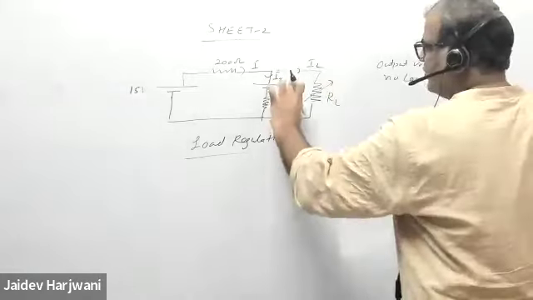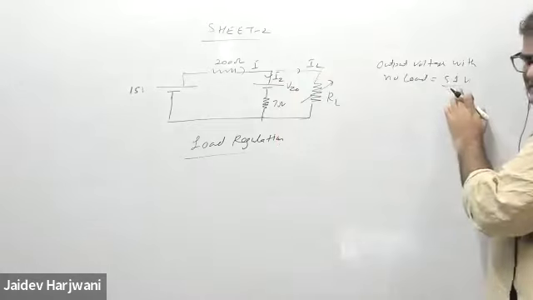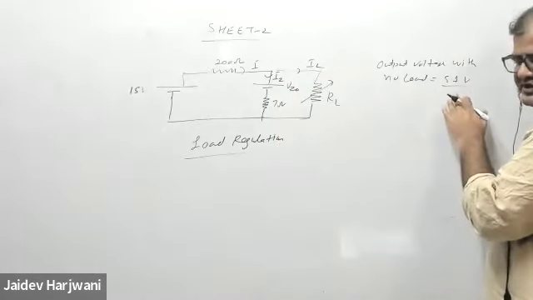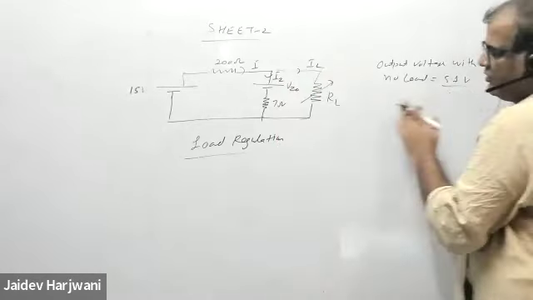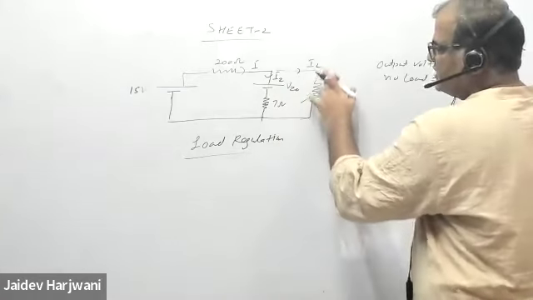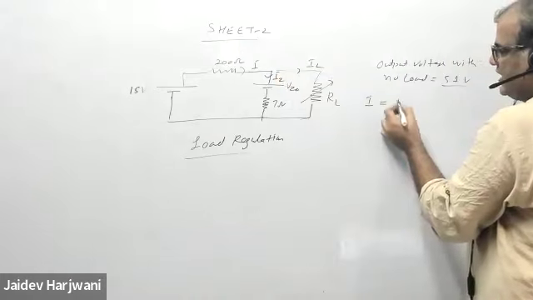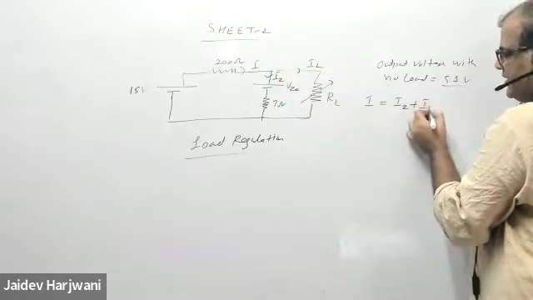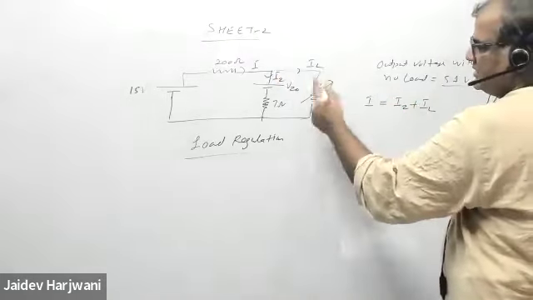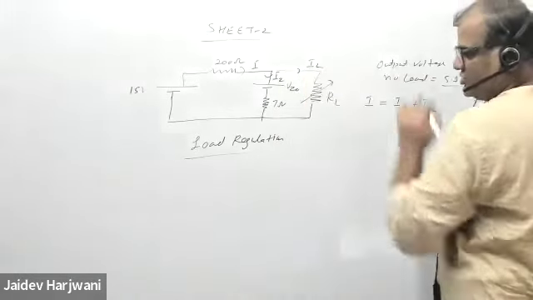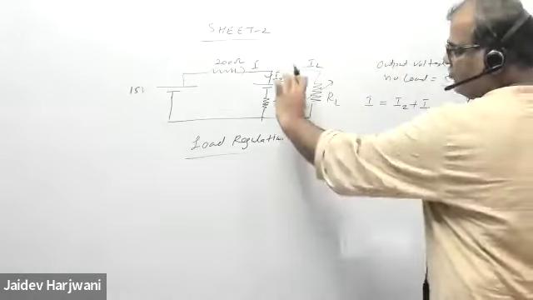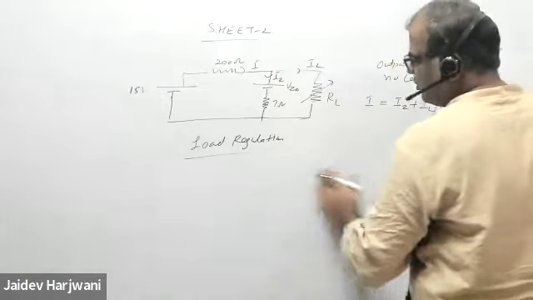If no load is there, then 5.1 is there. But now I is IZ plus IL. If I change the resistance here, the current will also change, some variation will come, so this voltage will vary. This is called load regulation.